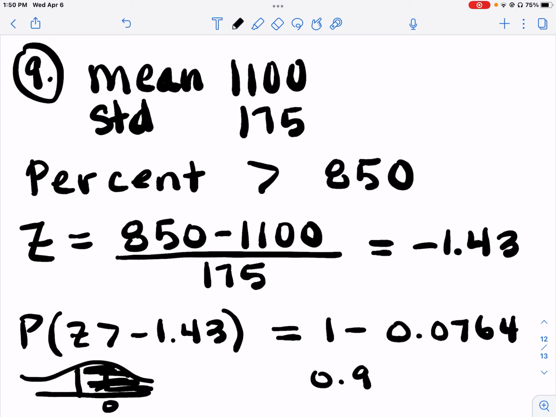And that will be our answer when we subtract. Remember when you look it up, it gives you the left, but greater than means the right. So that 0.0764 represents the left side. Remember the left and the right make up a whole.